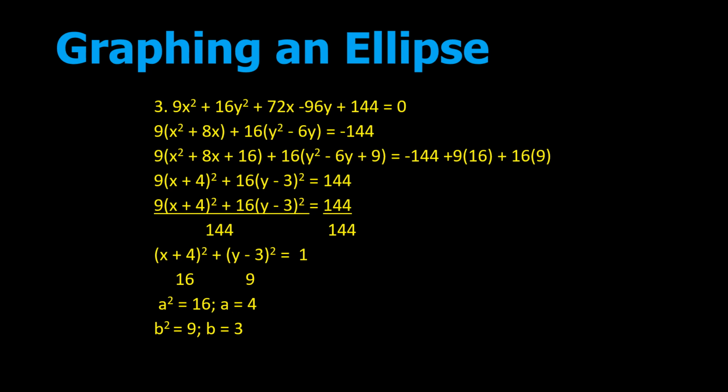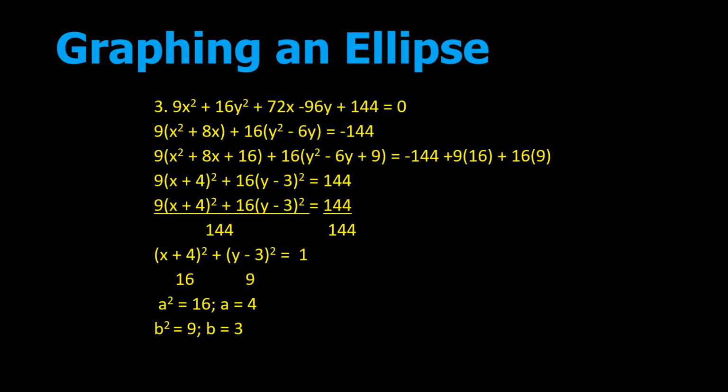So, transforming to standard form, we have here the final equation: the quantity x plus 4 squared over 16 plus the quantity y minus 3 squared over 9 equals 1. So, we easily identify the principal axis. Since 16 is greater than 9, the principal axis is parallel to the x-axis.